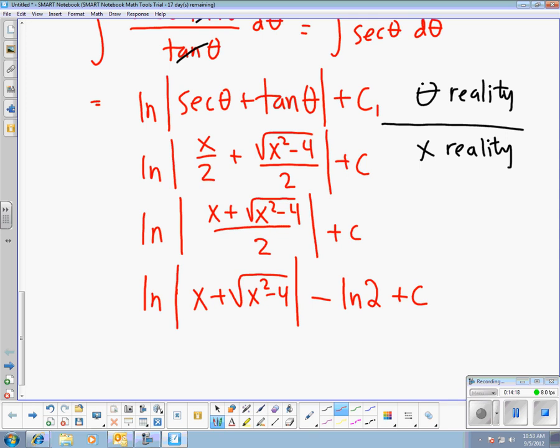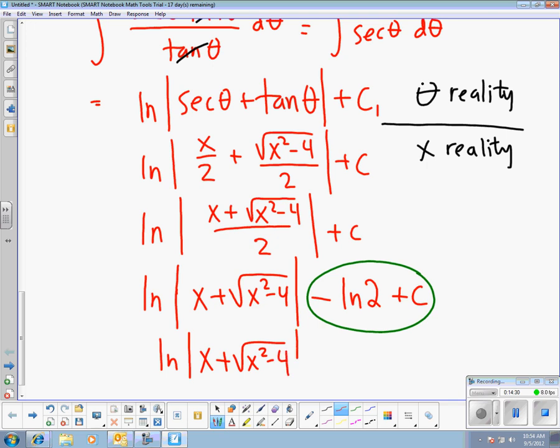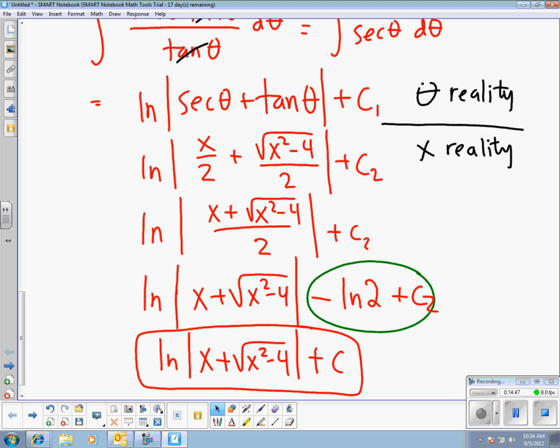And because log of 2 is a constant, you can just roll all of this into one big fancy constant. It should have another name again, but it's all right. I'm not offended by calling it the same C over and over again. I should probably call this one C2, and then when I wrap C2 together with log of 2, I get another one, C3, but that's okay. They're all arbitrary anyway. So final answer for that long process is this natural log.